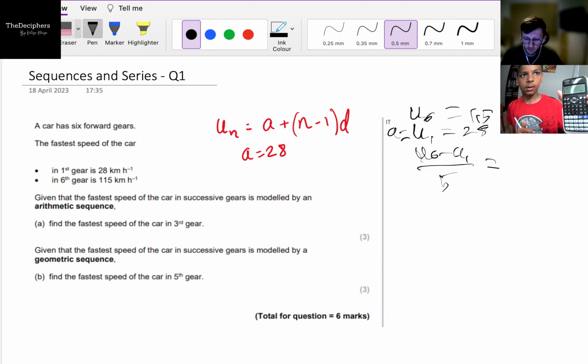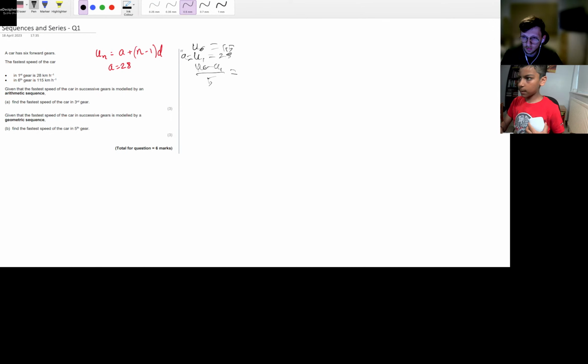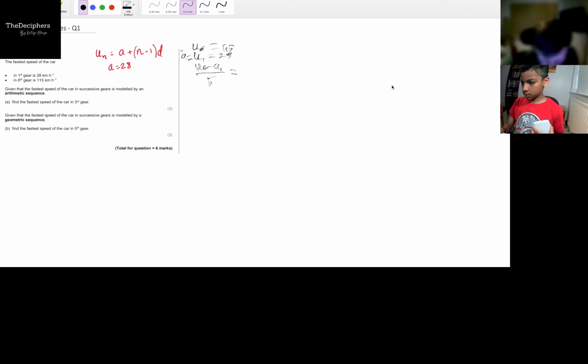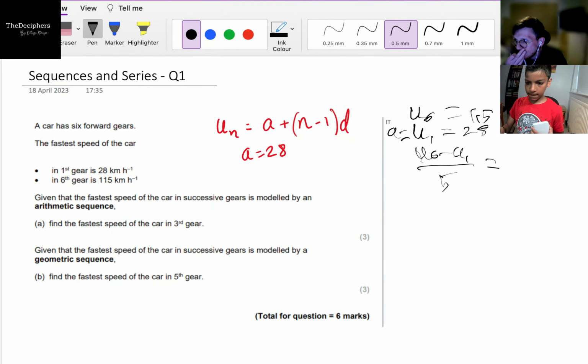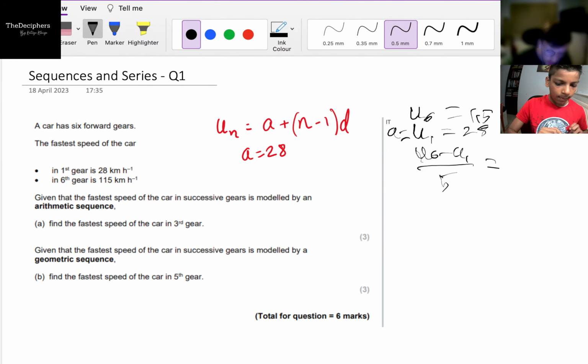That gives us 17.4 for the common difference. So we're not confusing anyone: you're using this formula that's L minus A over, you said it was over N, but remember it would actually be over N minus 1, and it is this U of N formula rearranged. So what you've done is you've substituted A is 28.